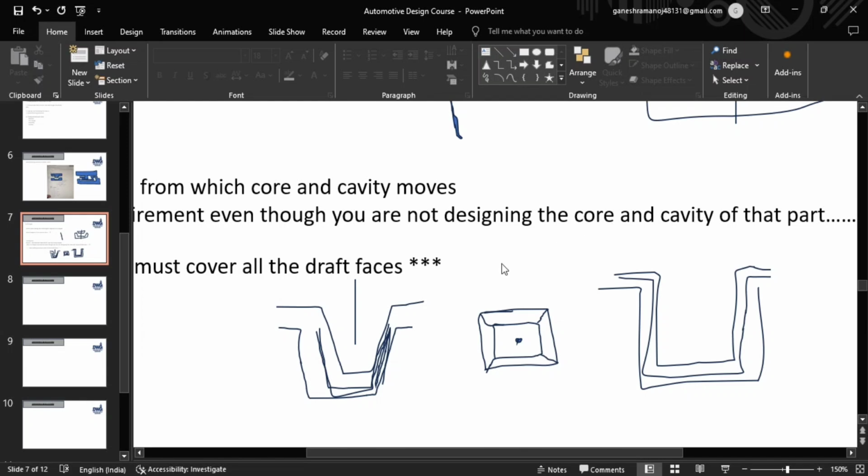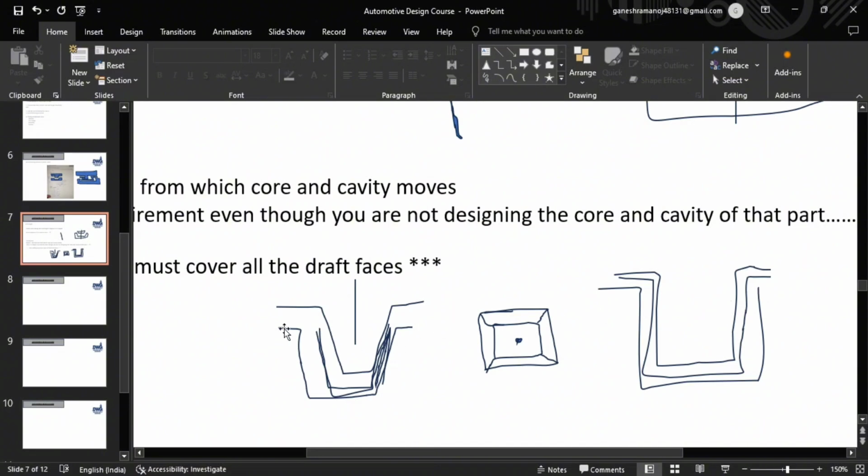Coming back to the question, it is not a design requirement of our plastic product designer, even though you are considering it as one. It is because you shouldn't make a part that cannot be manufactured by the injection molding process.